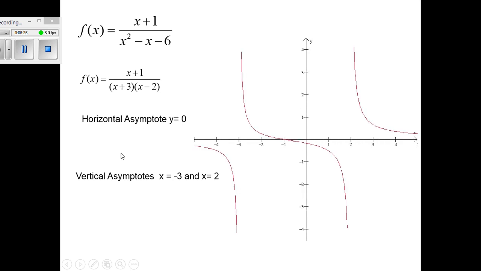Then we got the horizontal asymptote of y equals 0. When factored, we get the vertical asymptotes -3 and 2. Okay, we sketch the thing in. Okay, here's our vertical asymptotes, -3, and 2. All right, here's our x-intercept at 1, and the y-intercept at -1/6.